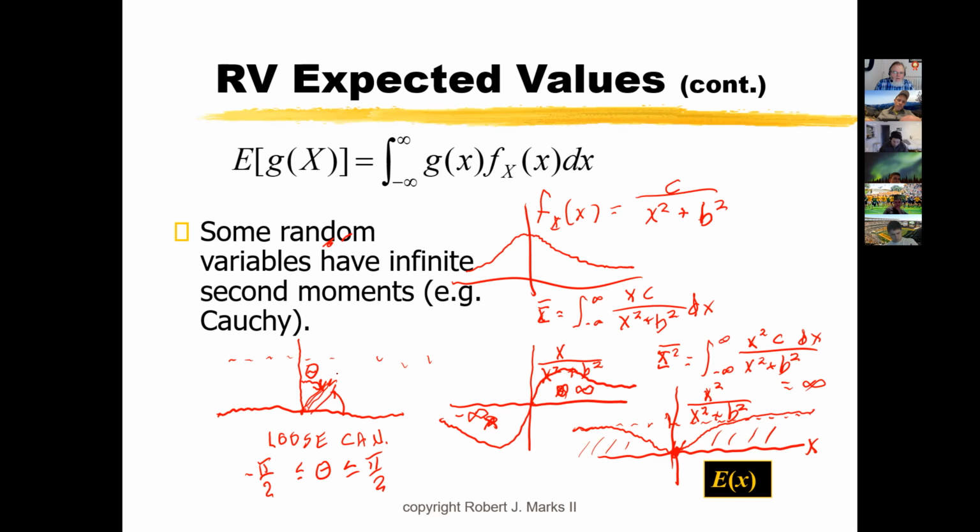The next thing we're going to do is define a new random variable here, which is where it hits the wall. And let's just assume that it's 1 unit away. So X is where it hits the wall. Now, what is the tangent of theta?